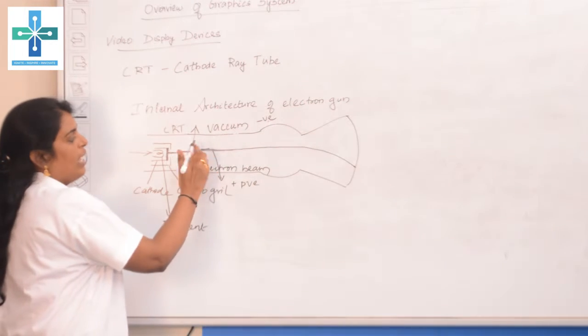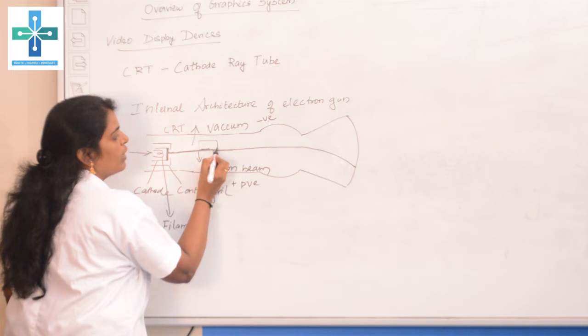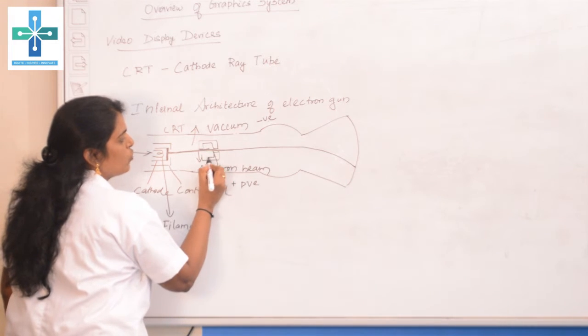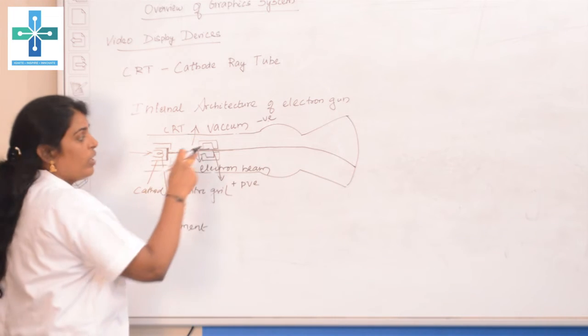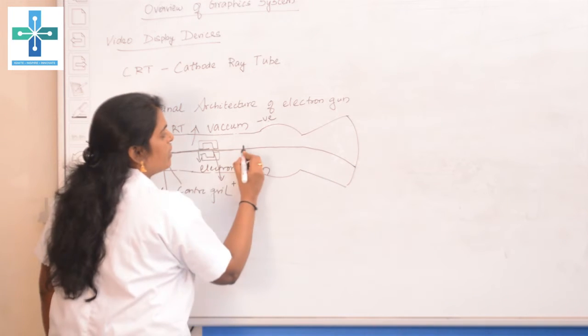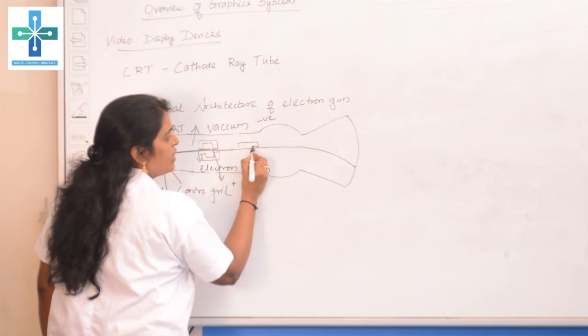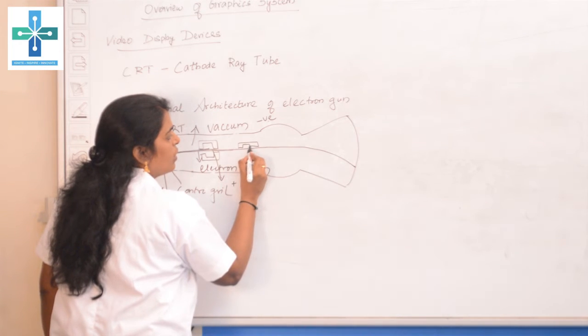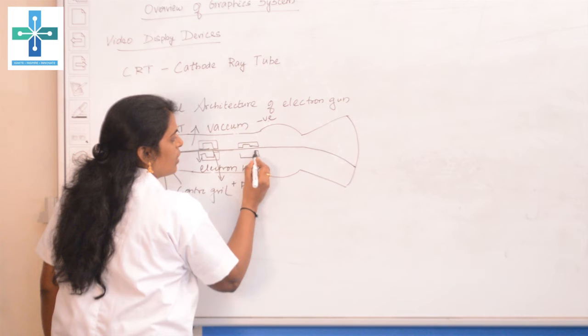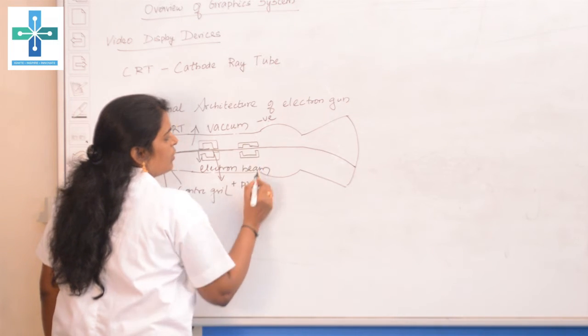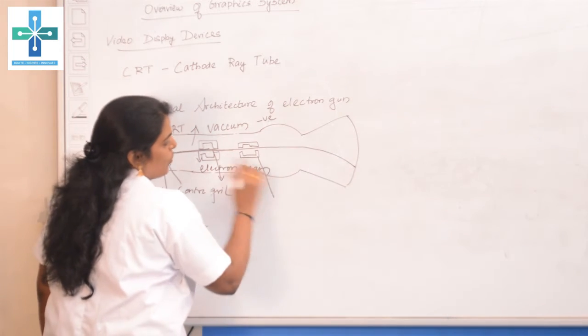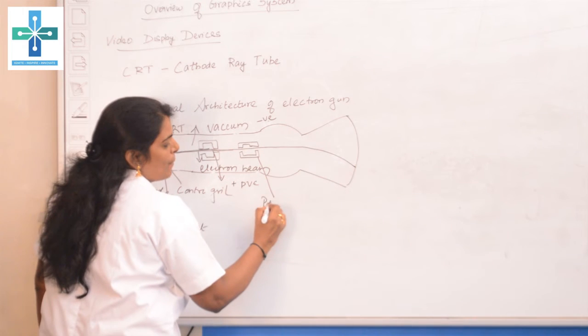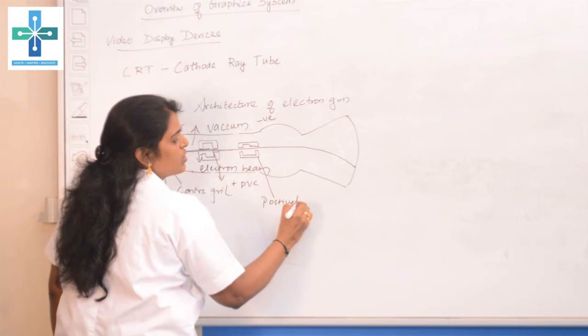This focusing anode, as I told you already, is used to direct the beam. Not only the focusing anode, another one is there, that is the accelerating anode. What does this do? It produces the positively charged particles.